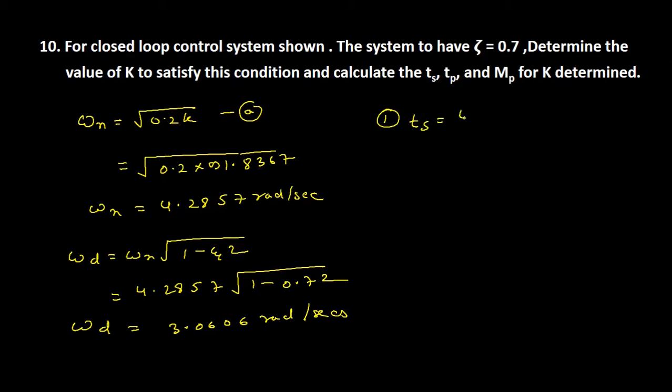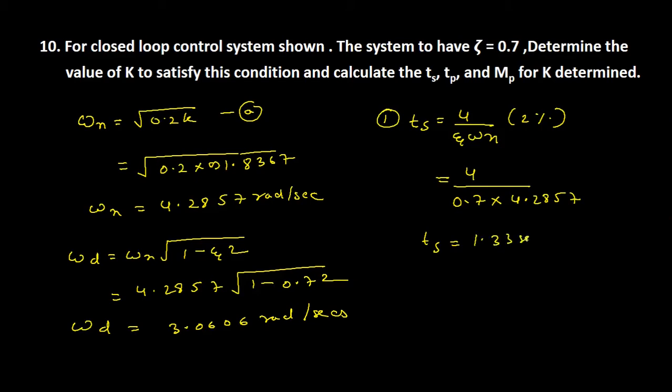Okay, so first we will find out settling time Ts. Ts is equal to 4 upon zeta omega n on 2% tolerance basis. When we put the values, we will get 4 divided by 0.7 into 4.2857. When we solve this, we will get settling time is equal to 1.33 seconds.